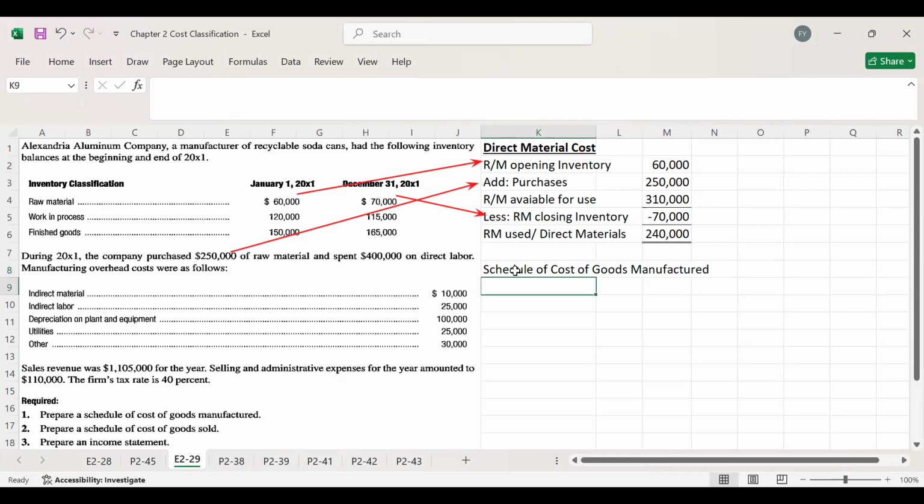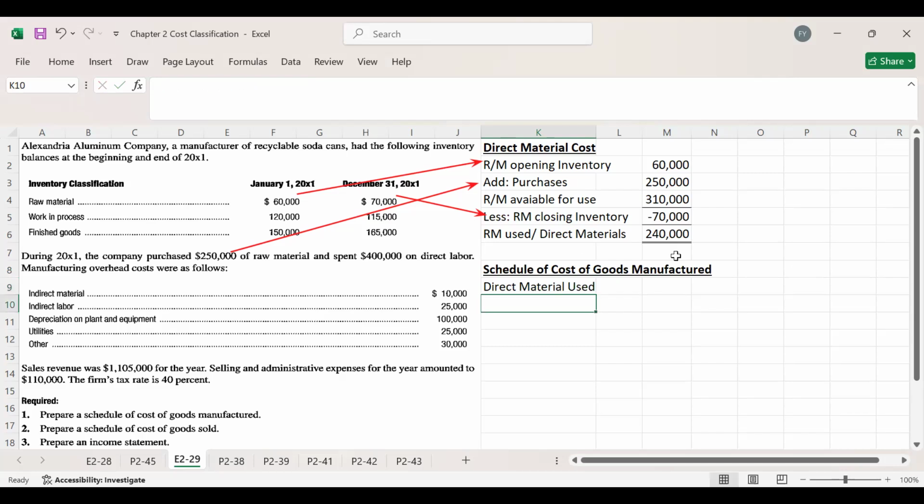So in a schedule, while making schedule of cost of goods manufactured, we need direct material, direct labor, and MOH.